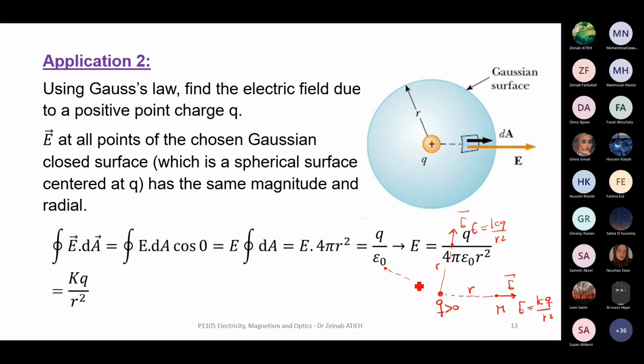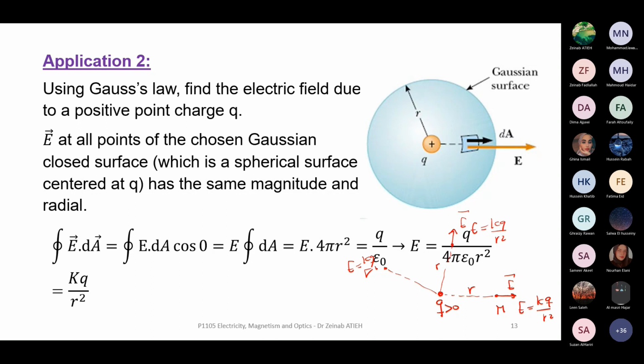Also here, if I have another point, it has E equals KQ over R square. So we can see that this Q is a point, but it has some sort of spherical symmetry. All points that have the same distance from Q have the same magnitude of electric field. The electric field everywhere is radial. It is directed away from Q.